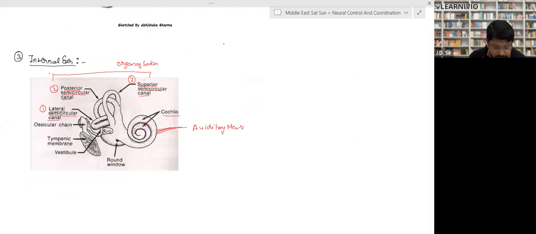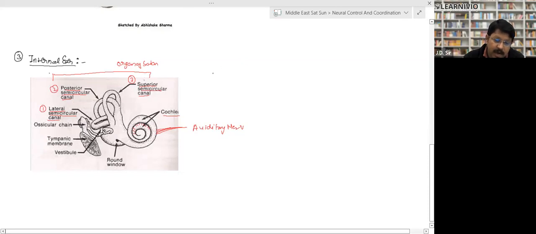Next point. Next paragraph. There are three semicircular ducts, which are enlarged at one end, and give rise to a rounded structure called ampulla.